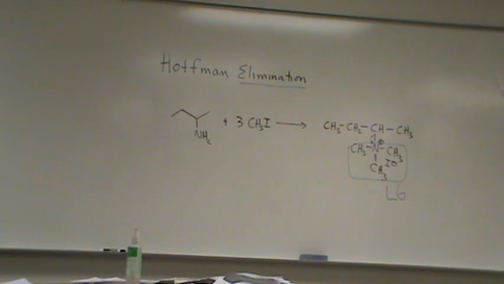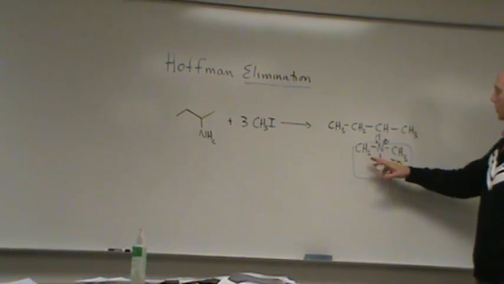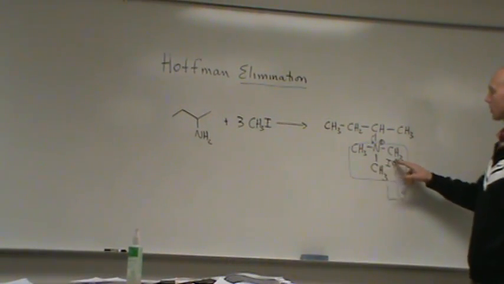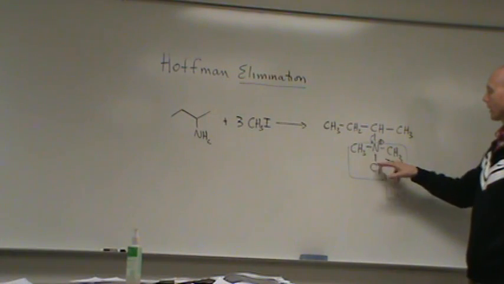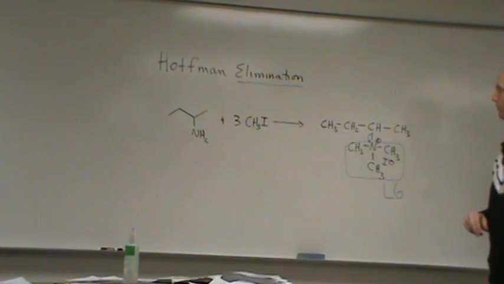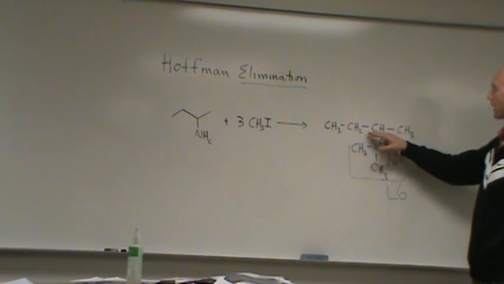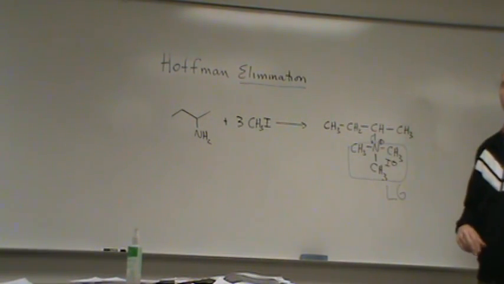So this is what the Hoffman elimination is, where we convert the amine to this alkylated amine, this ammonium salt, that makes this thing a good leaving group. And if you look, we have 2 sides to where the leaving group is.